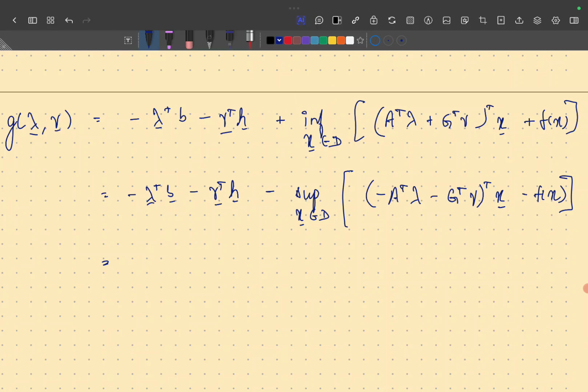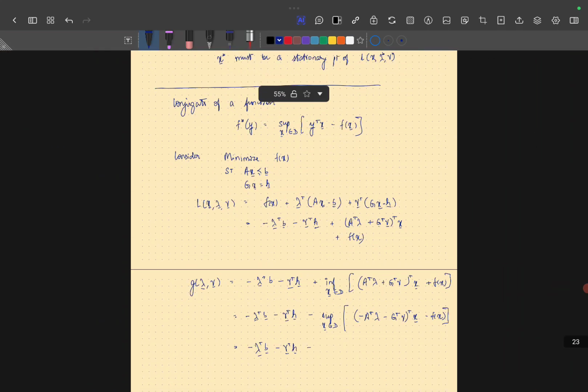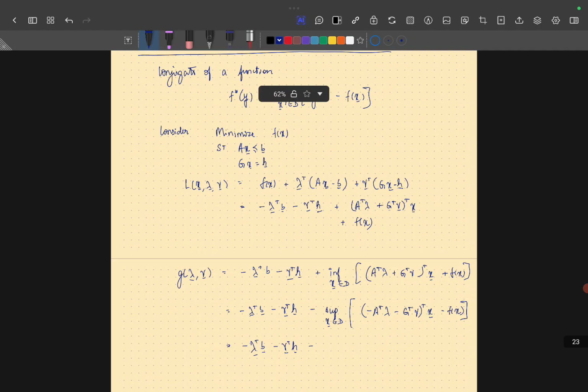So this is minus lambda transpose b minus nu transpose h. What is the whole supremum term going to be equal to?